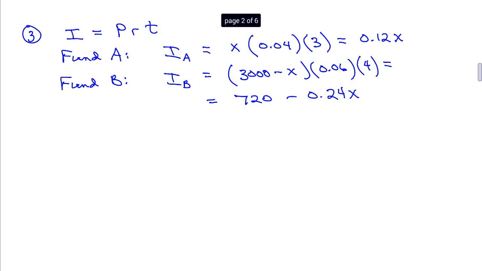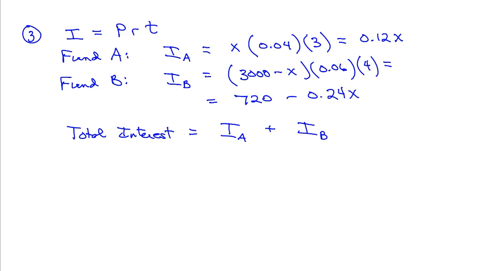And now we know that the total interest is equal to the interest earned in Fund A and the interest earned in Fund B. The total interest was $576. So now we substitute everything that we know. 576 is equal to 0.12x from previous calculation, plus 720 minus 0.24x.